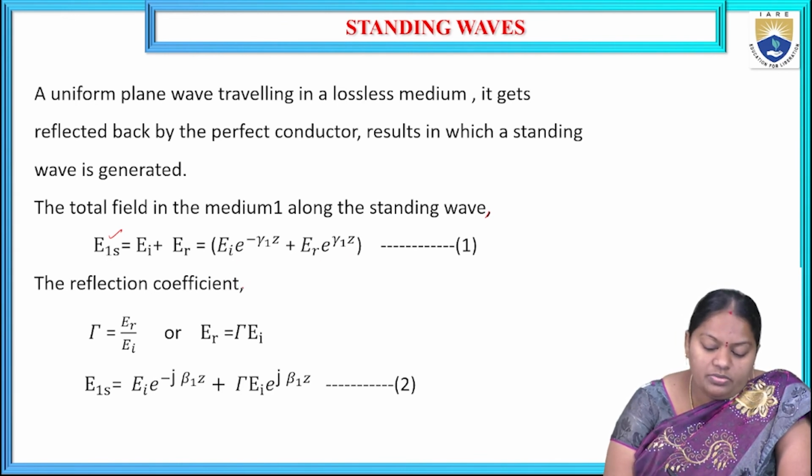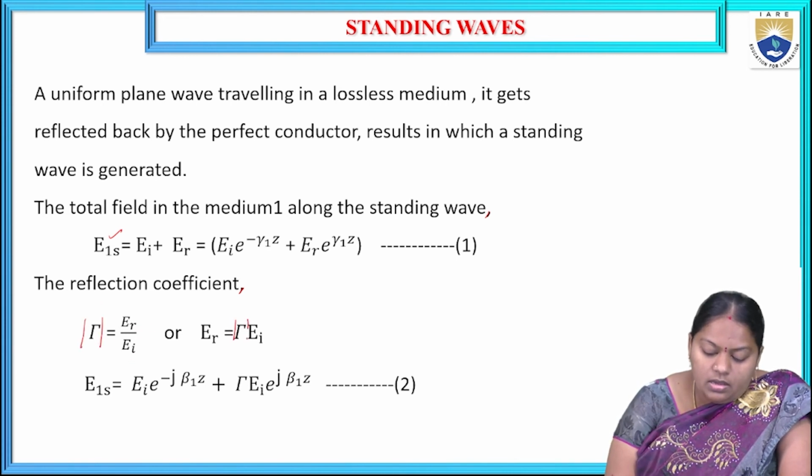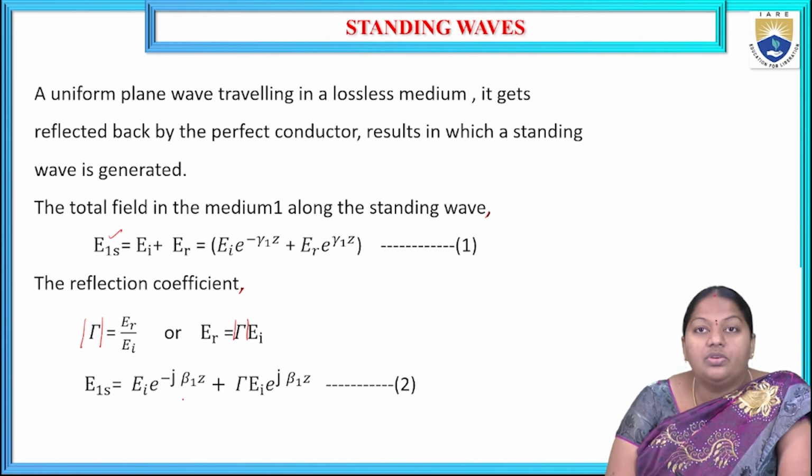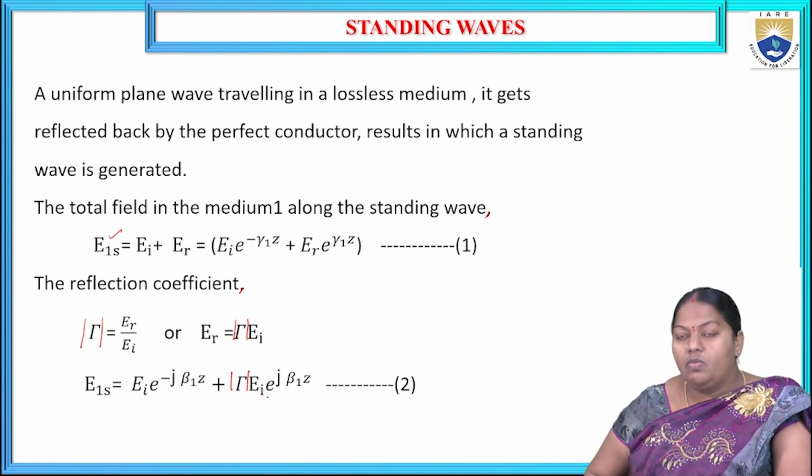The reflection coefficient from this, gamma equal to ER by EI, modulus of gamma. Then ER equal to modulus of gamma into EI. Then if we substitute ER in terms of EI, E1s is equal to EI into e power minus j beta 1 z plus modulus of gamma into EI into e power j beta 1 z.